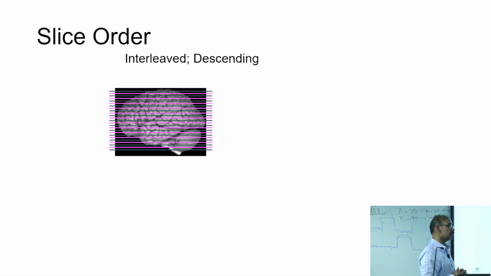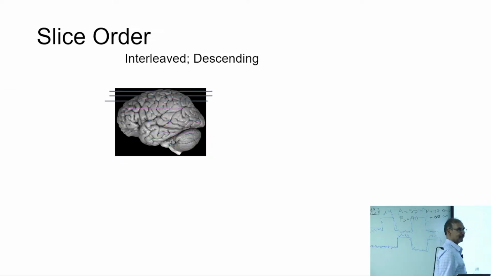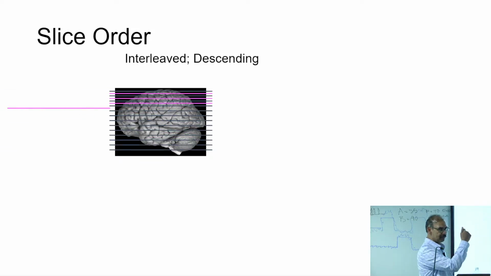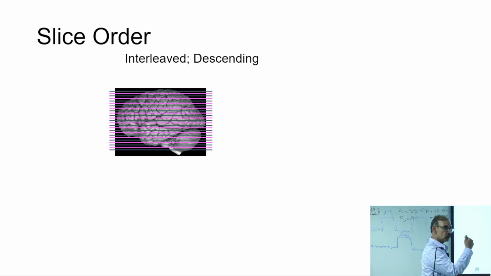You know what I mean, right? The data was collected 1, 3, 5, 7, 9 till 19, then it went to 2, 4, 6 till 20. So what is the delay between slice 1 and slice 2?